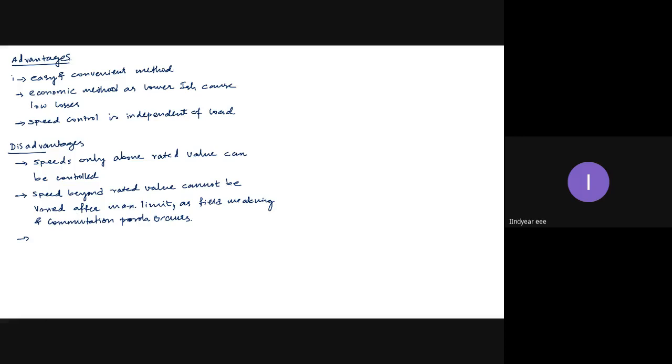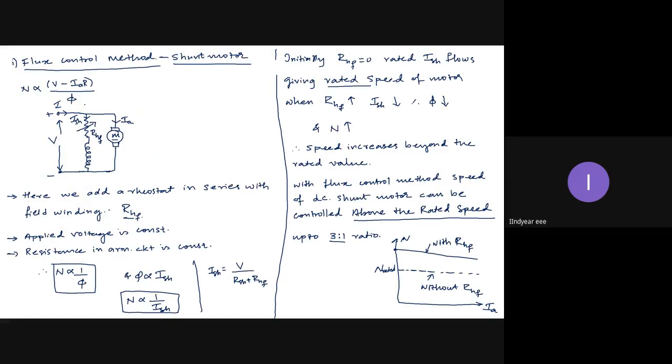So what we have seen in the flux control method is I add a series rheostat in series with the field winding. By addition of field rheostat, the initial value of the field rheostat is 0. When the initial value of field rheostat is 0, I obtain the rated speed.